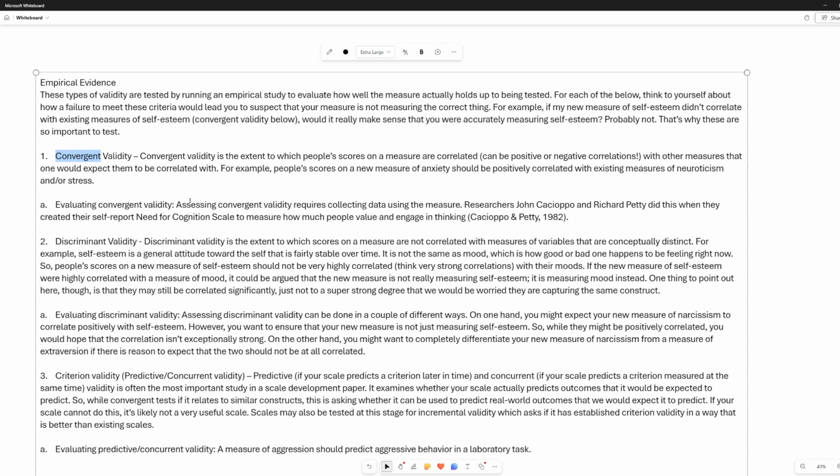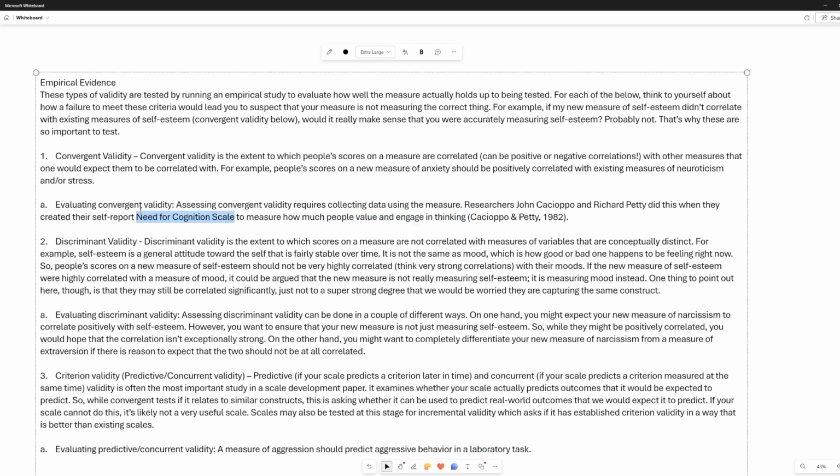So, for example, assessing convergent validity requires collecting data on the measure. For example, these researchers did this when they created their self-report need for cognition scale, and then they correlated this with how much people value and engage in thinking, right? So they have their new scale, which is the need for cognition scale.